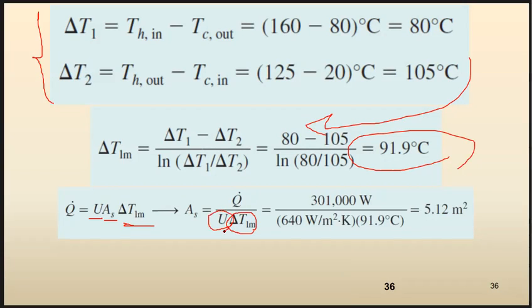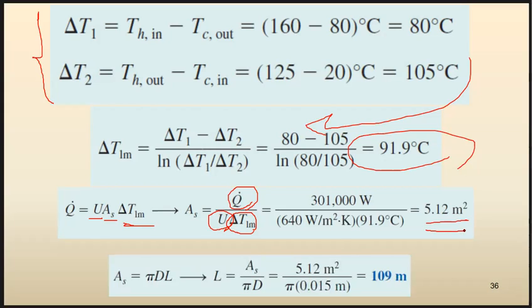The overall heat transfer coefficient is given, and Q dot is also calculated in the previous slide according to the information that was given for the cold side. So the area is calculated. Area itself is for a cylindrical pipe, right? So area is pi times diameter times L, and from this we can calculate the length of the heat exchanger.